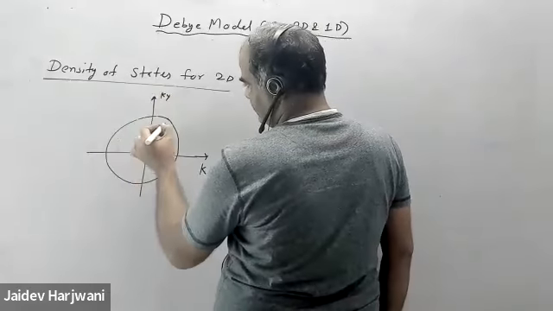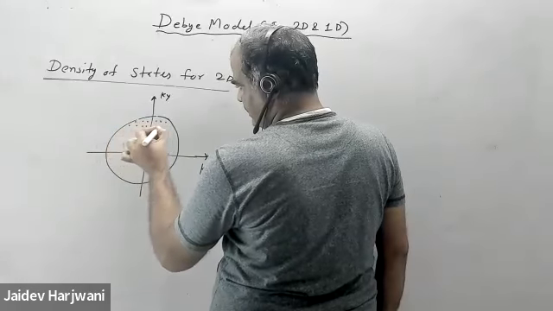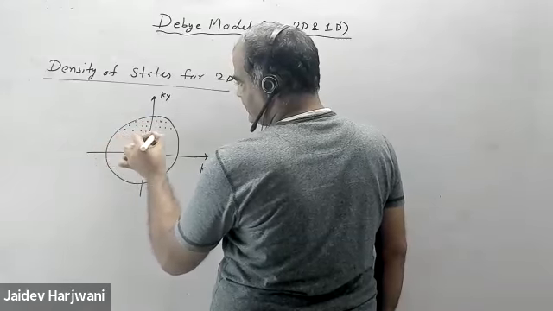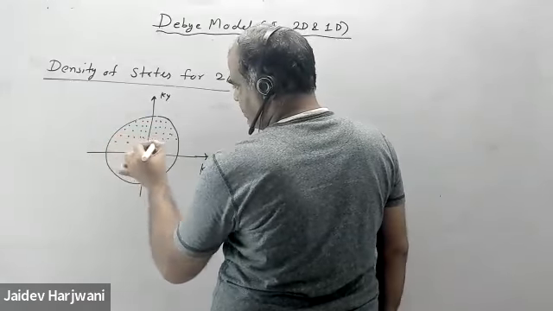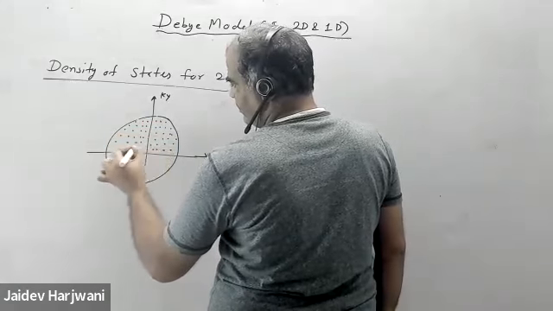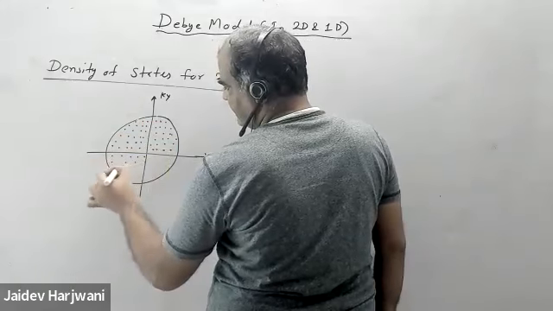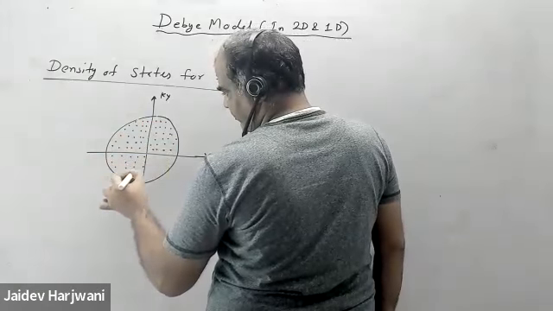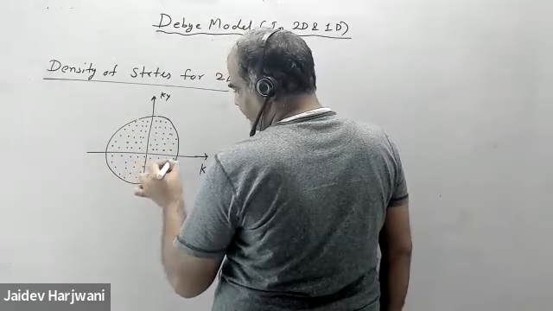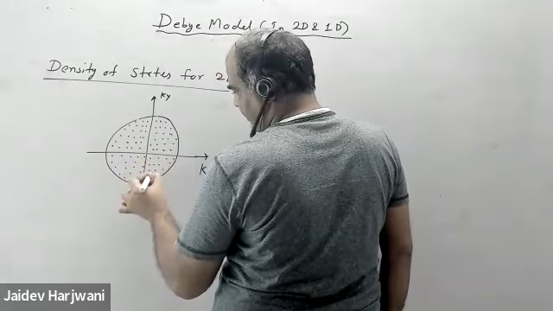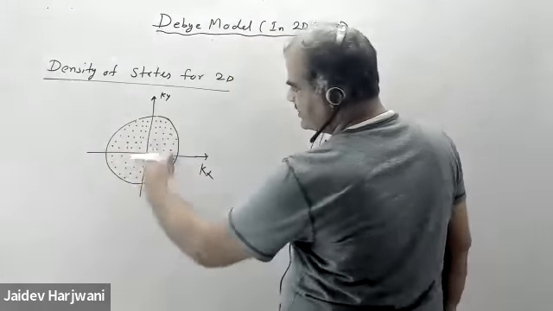Each point is a K value, and we know the difference between 2 K values is 2 pi by L. That means the volume of unit cell in K space is (2 pi by L) square.